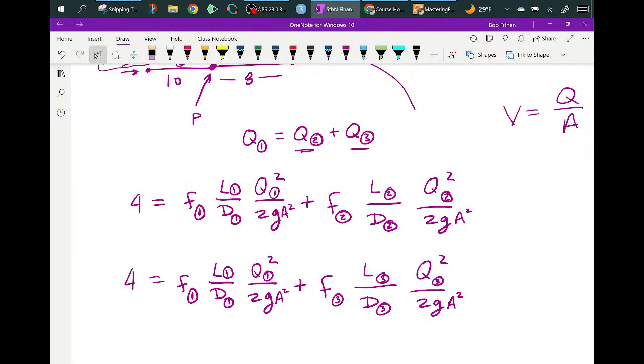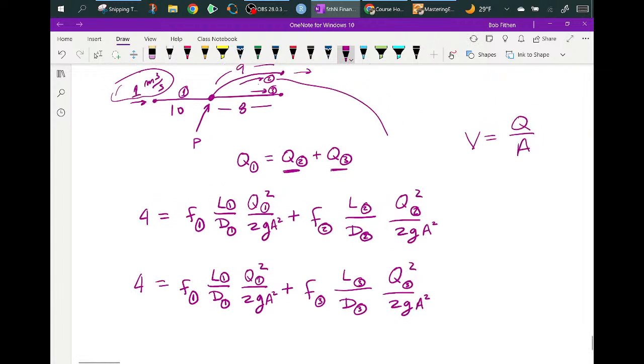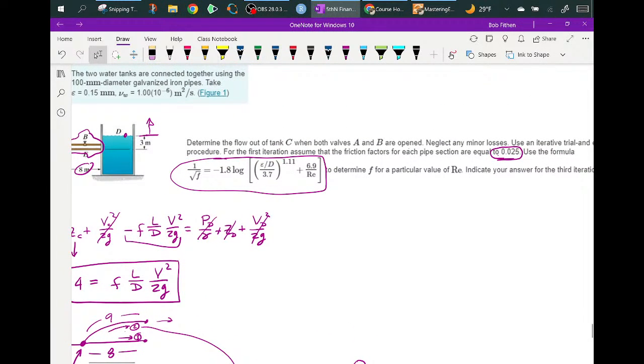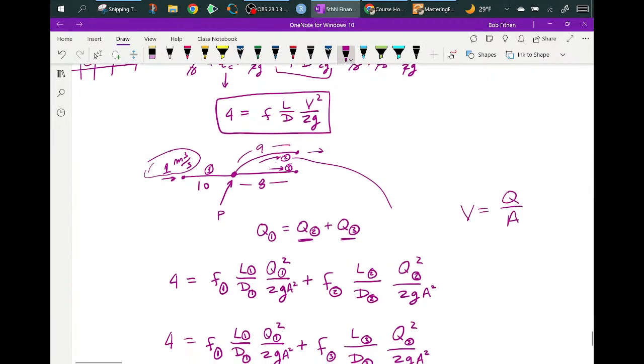Now, here's what's so interesting. Let's think about this. There's a different F for each one of these, so I've got two of these that I can work on. The first time, he says, take it as 0.025.